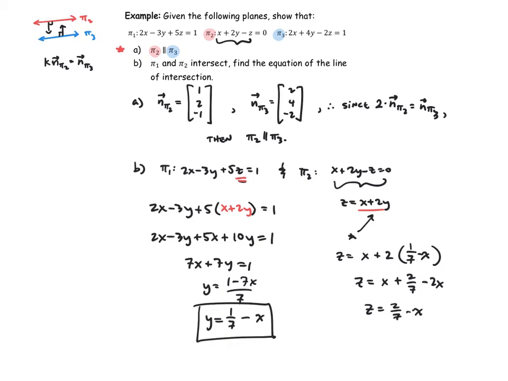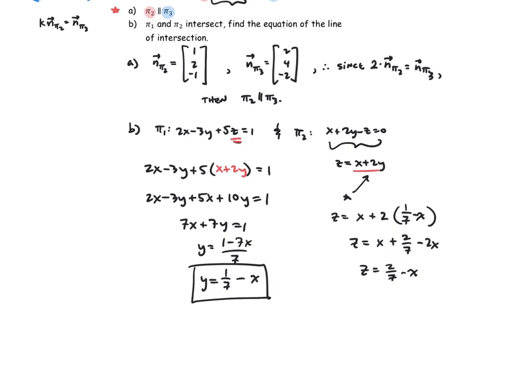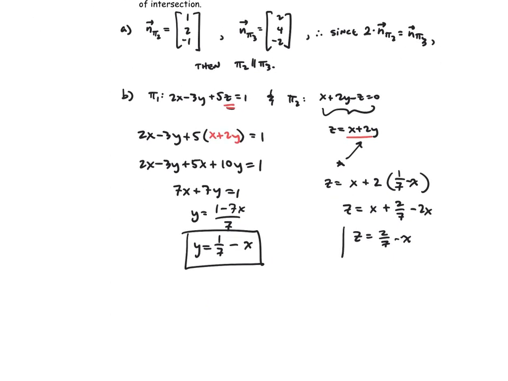All right, so now I can write the Cartesian equation of the line of intersection. I'm finding where x, y, and z are equal for these two planes. So I'm going to solve for x in both of these. That's the link between z and y, which is x.